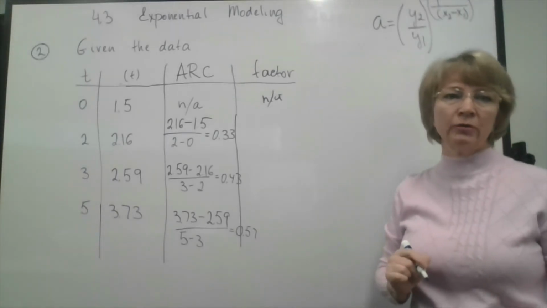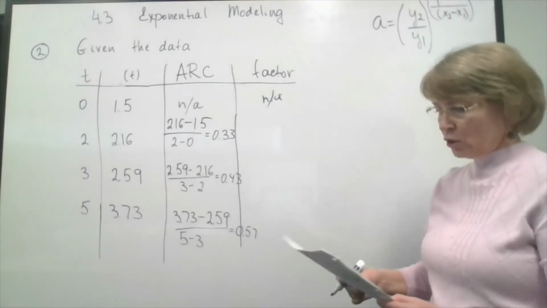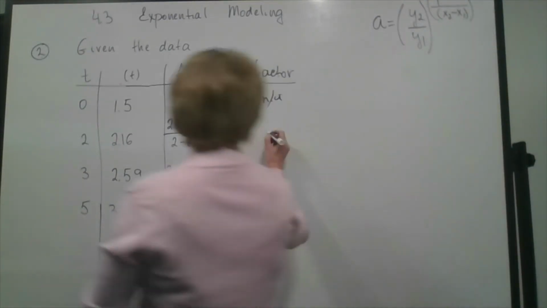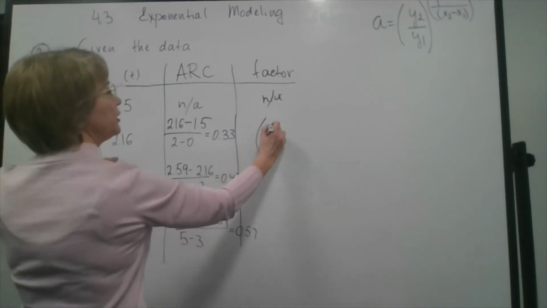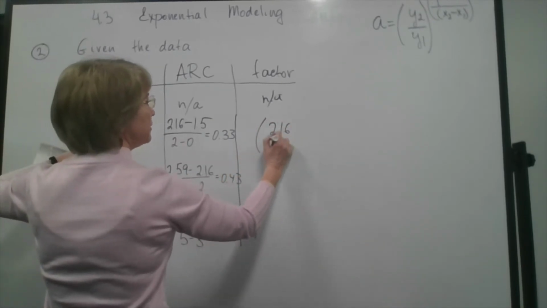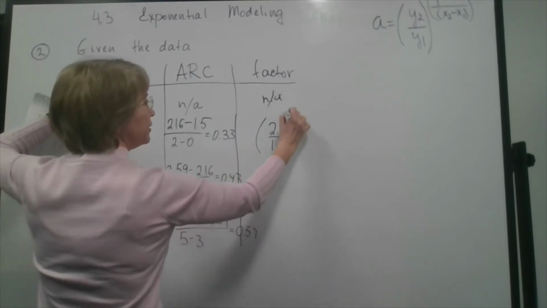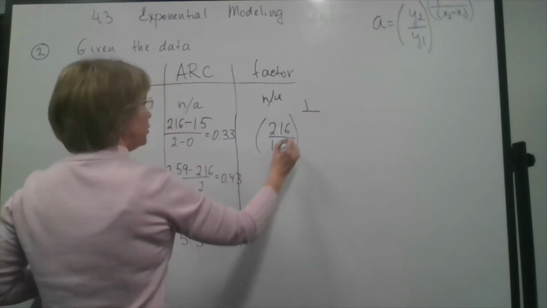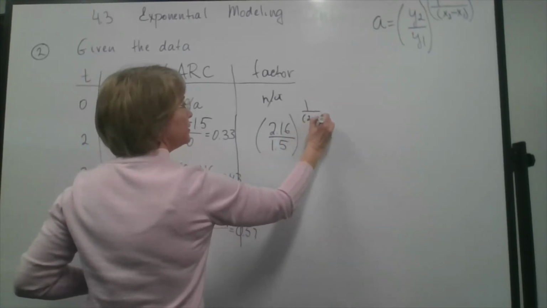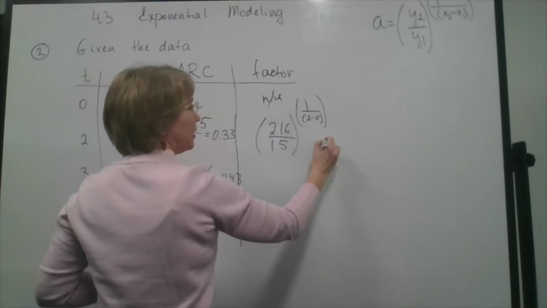And you have to learn how to type this formula on the calculator too. So what do we have now? My y2 is 2.16 over y1 is 1.5, to the power 1 over 2 minus 0, inside of parentheses.